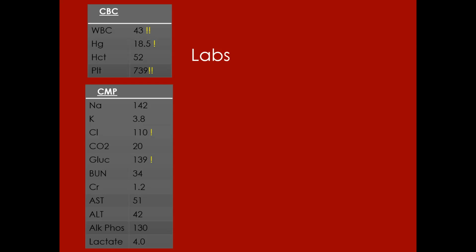All right. Now notice that this patient has a white blood cell count that's just undeniably high. We also want to notice that her hemoglobin and her platelet count are really high. Now this all together, the fact that all three of those are really high could mean that she is hemoconcentrated. Hemoconcentration means that there's not enough water in the blood, and so all the cells are going to seem really high.